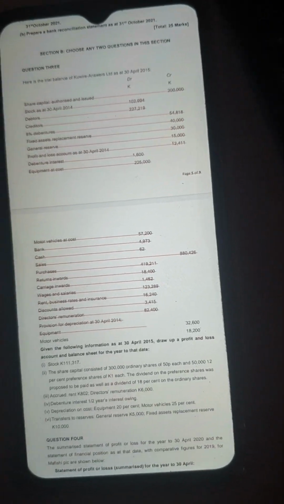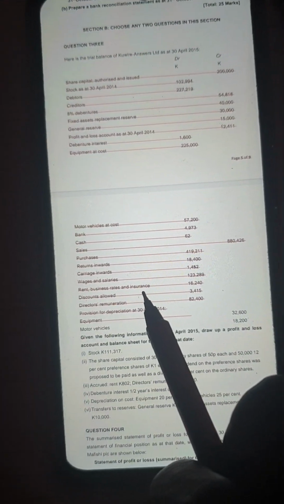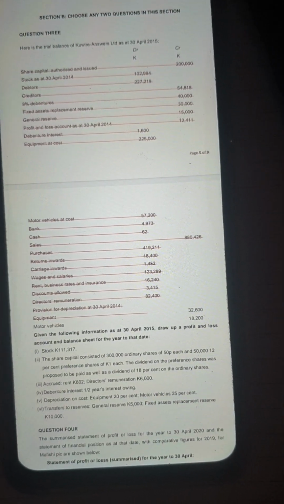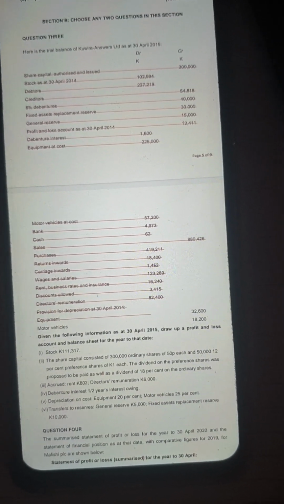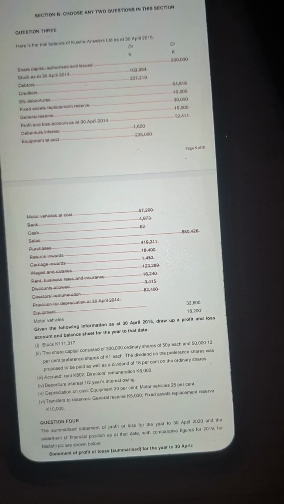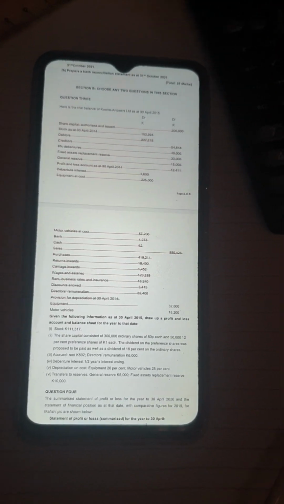So we have rent, business rates, and insurance. I think this is talking about the same thing, because rent is the amount of money the business is paying for using a building of another company or a different person.